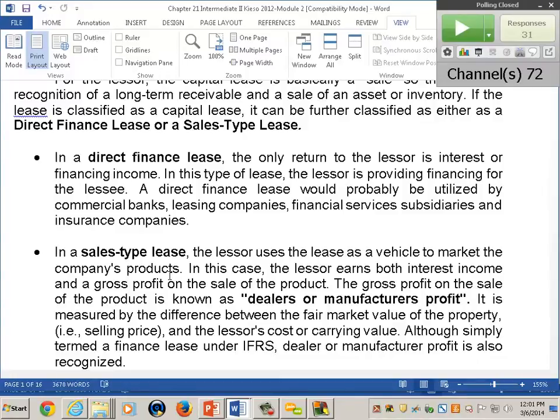So we have gross profit. And the gross profit is, of course, selling price, or fair value, minus the cost.